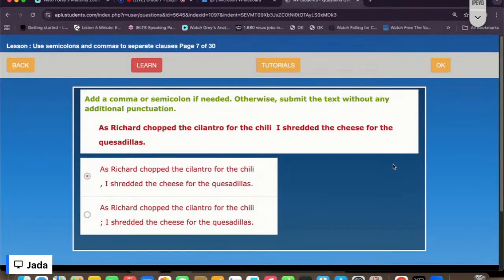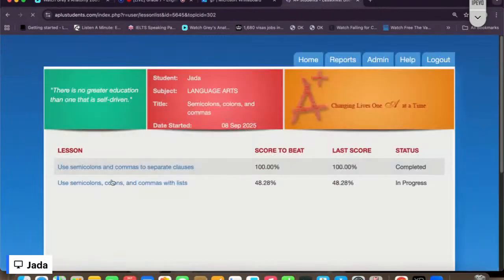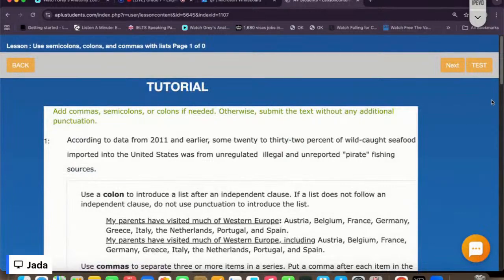All right, so we have the first one. All right, that's it for this lesson. Move on to the next one. So try to complete it if you haven't done it, okay?